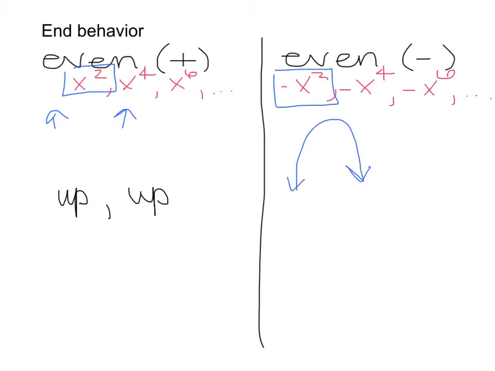Since I only care about what's happening at the ends, I'm going to erase this middle portion. The arrow on the left is pointing down, so the end behavior on the left is down. Then since the arrow on the right is pointing down, the end behavior on the right is also down.